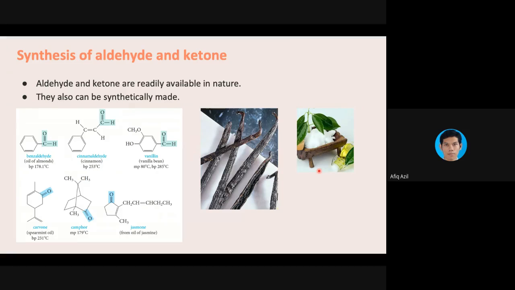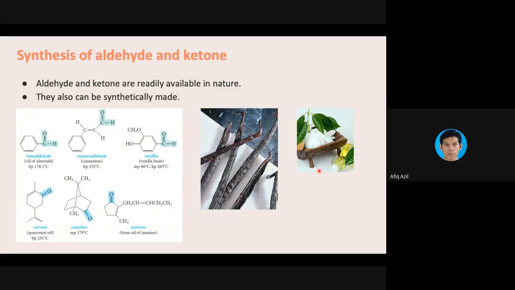So on to the method of preparation. How do we obtain aldehydes and ketones? Mainly, they are readily available in nature, meaning we can find them in plants, and maybe in animals, and we can extract them. But some still need to be synthesized.